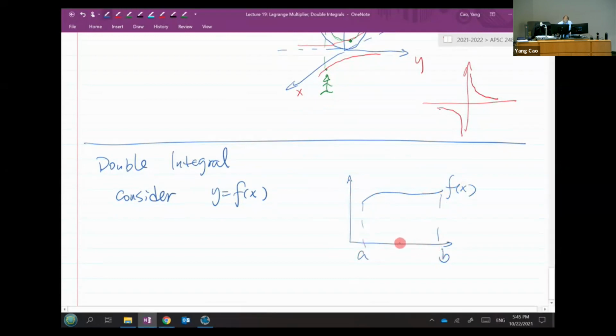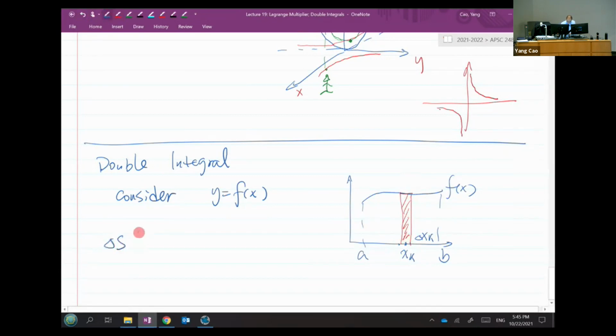Here's how you do it. Let's say this is A to B, and then you pick a point somewhere in the middle. Let's call this the x_k location. Then you take a very, very small segment, let's call it delta x_k, around this location. Now you can create a very small rectangular area based on delta x_k.